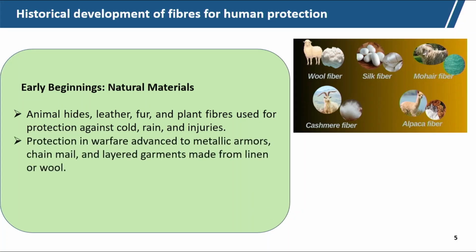Protection in warfare advanced to metallic armor. Different types of layered garments made from linen or wool were used in earlier days for warfare.